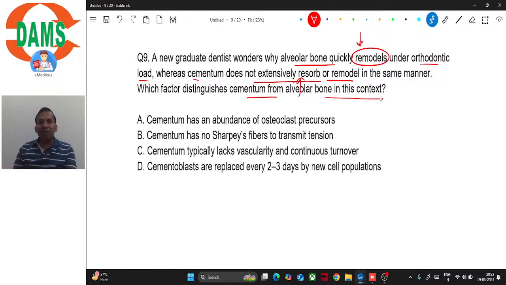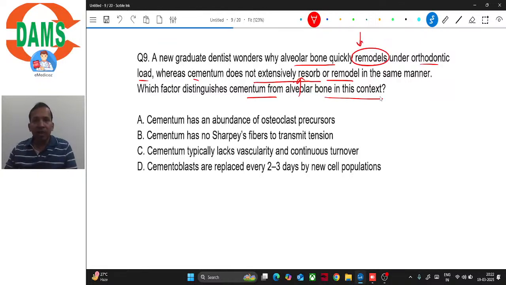So why does the cementum not resorb and why does the bone resorb? What is the difference? So options are: cementum has an abundance of osteoclast precursors. Cementum has no Sharpey's fibers to transmit tension.